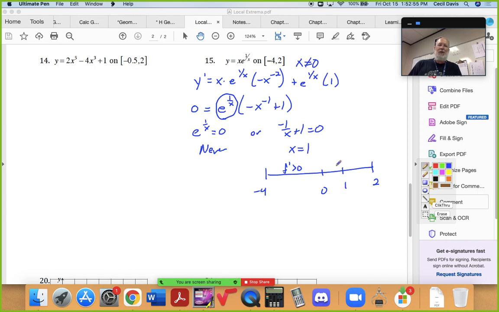If I substitute in 1/2, I'm going to have a negative 2 plus 1, f prime less than 0. Now if I substitute in 3/2 for x, that's going to be negative 2/3 plus 1, that's positive.